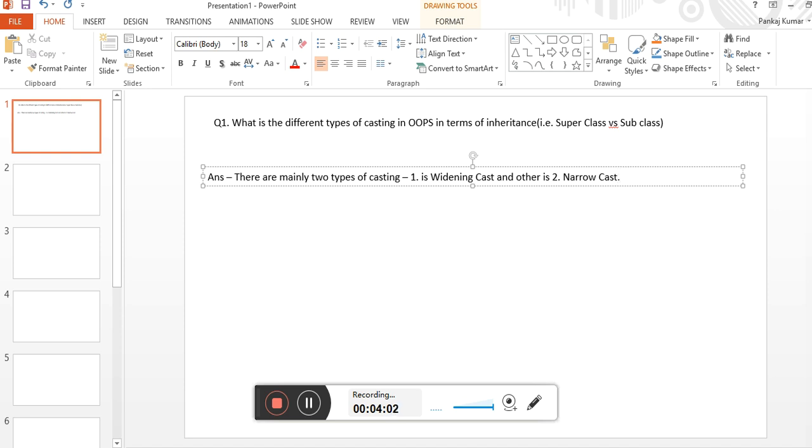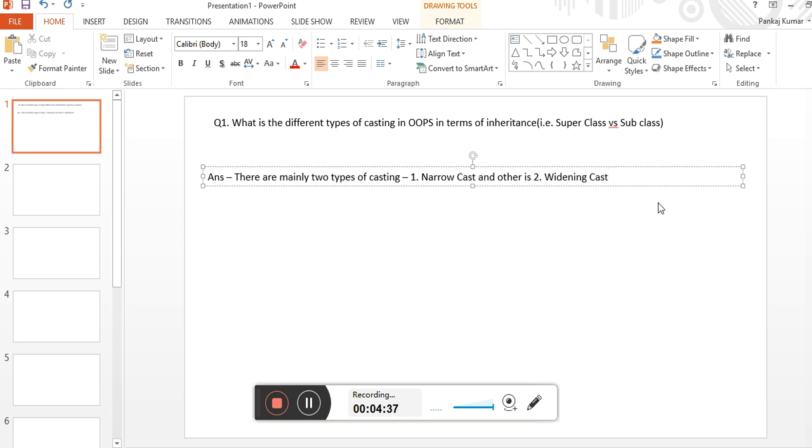Let me first put narrow cast and then widening cast, as it will be easier for me to explain.